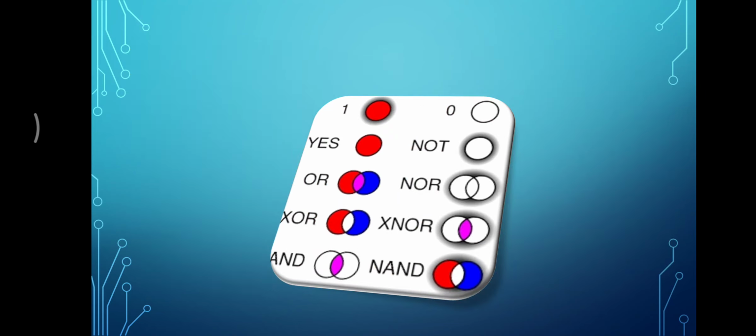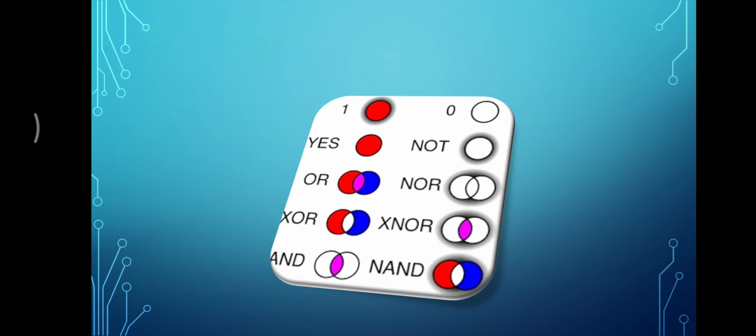What we have discussed so far are the AND gate and OR gate, but using diodes you can create as many gates as you want. You can create NOT, NOR, exclusive NOR, any type of gate. That I'm leaving to you.